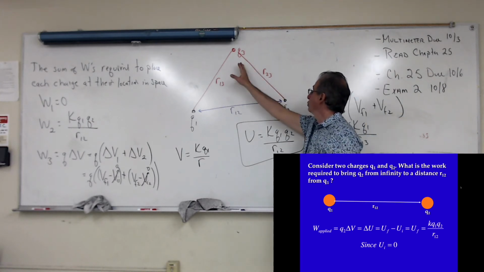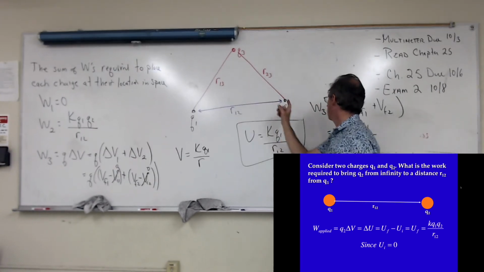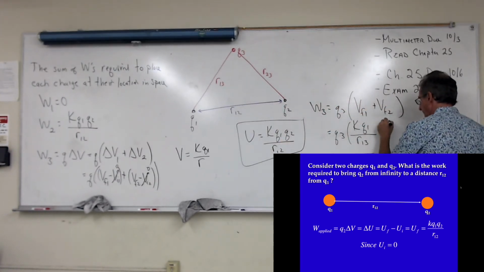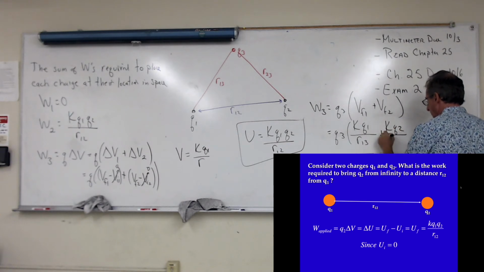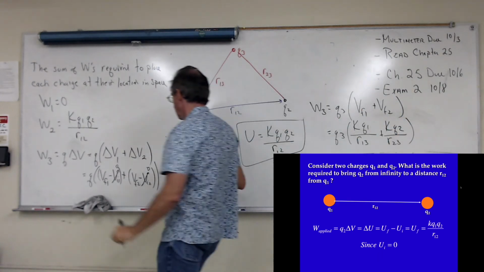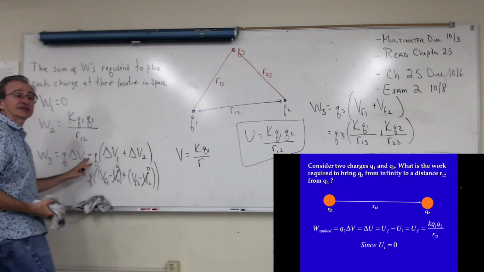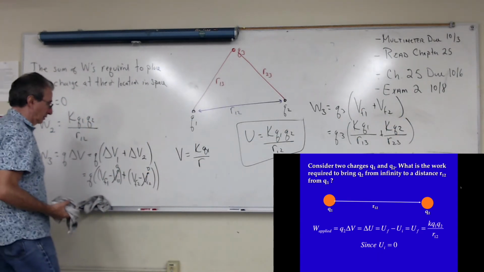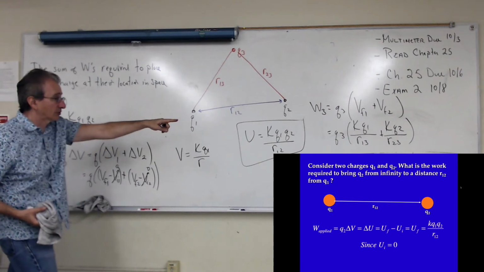The final two is at this location due to this charge. I've got to take this and put it here, so I'm going to erase all this stuff. Okay? I'll erase it and I'm going to substitute that over here.